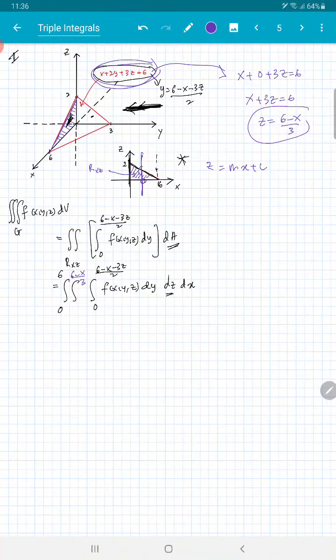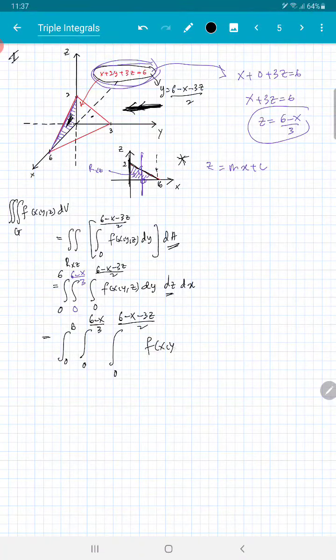And the lower limit would be on the x-axis where z is 0. Okay, I'm going to rewrite that, make it prettier. So we have 0 to 6 for x. For z, 0 to (6 minus x) over 3. And for y, 0 to (6 minus x minus 3z) over 2.